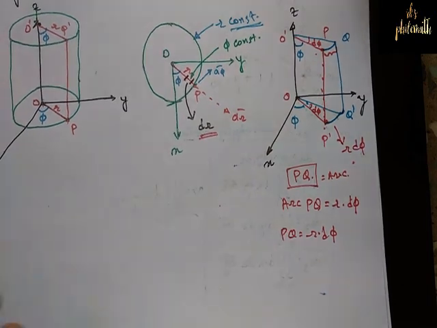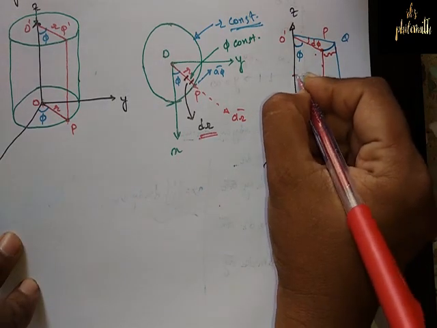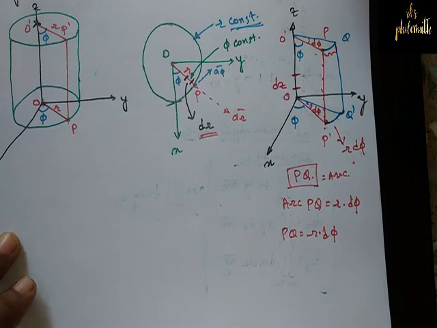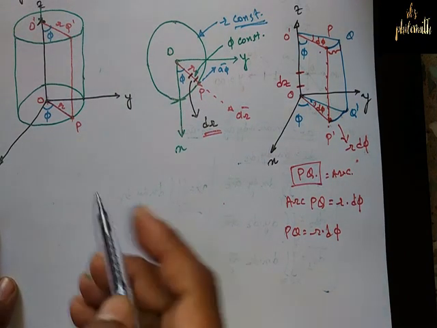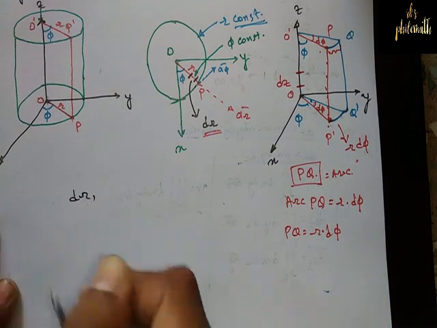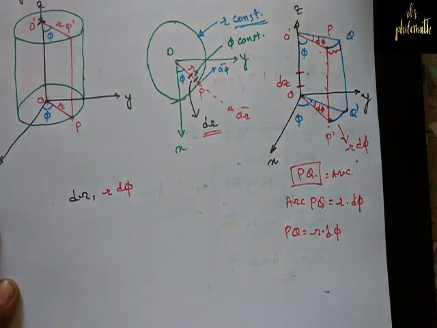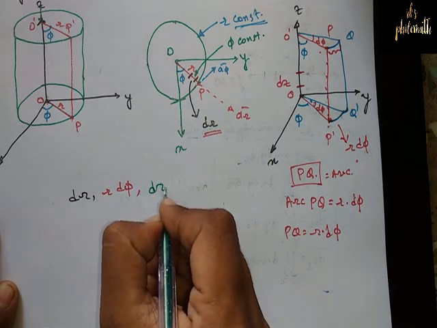And now the third differential length in the cylindrical coordinate system is the vertical one, say dz. So we get dr, r d phi, dz.